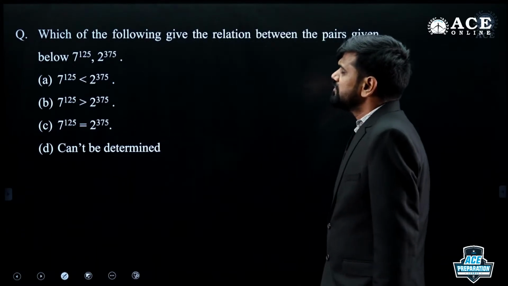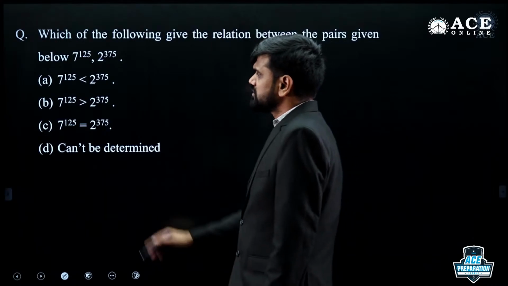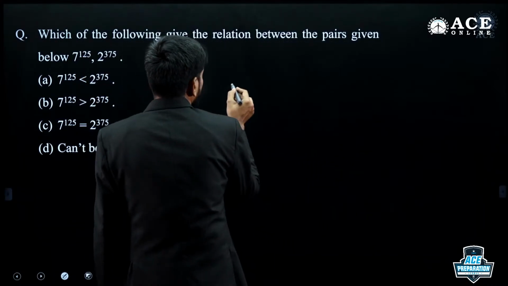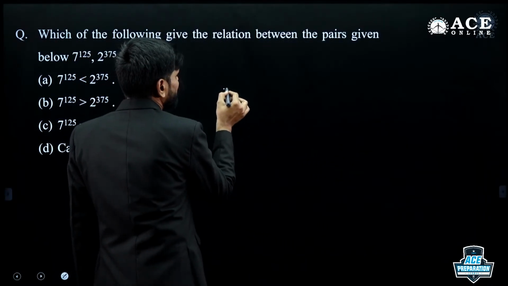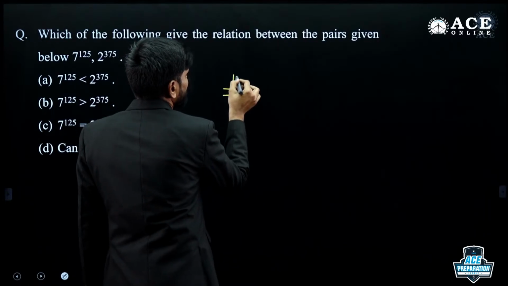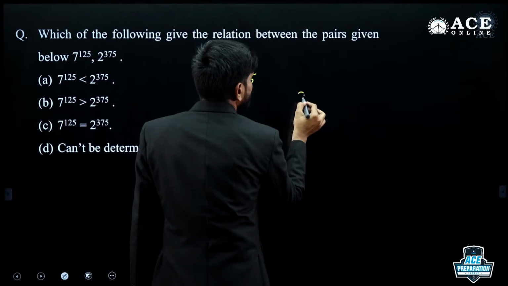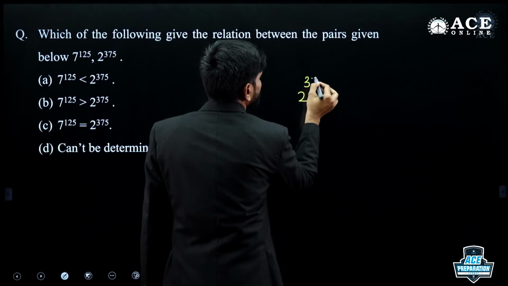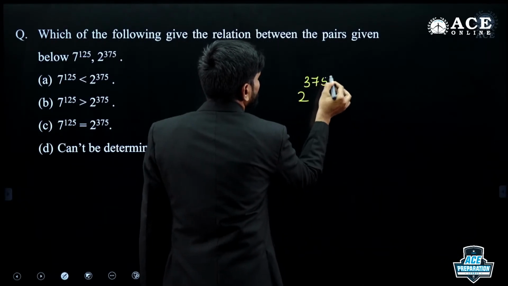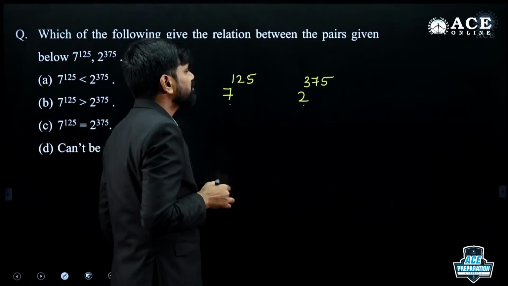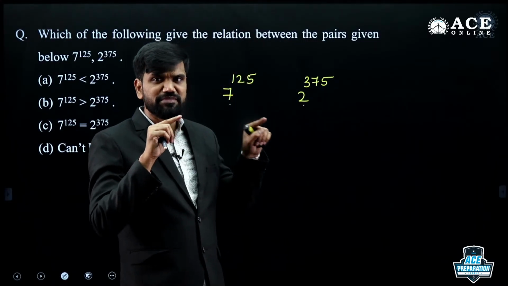Right, let me show you the application of that for this particular problem. Which is highest over here? So here 7 power 125 I have, and 2 power 375. So here bases are not same, but powers can be made same.